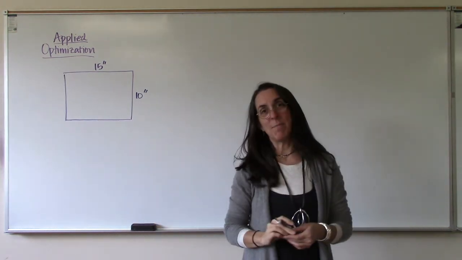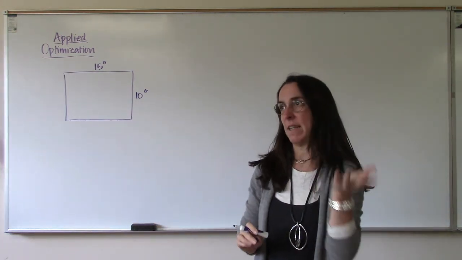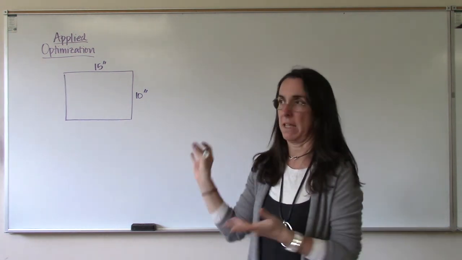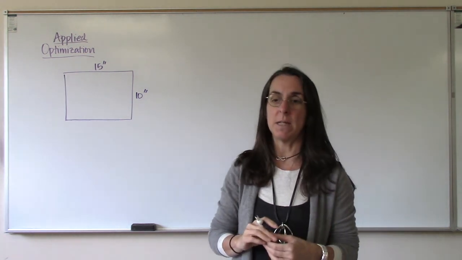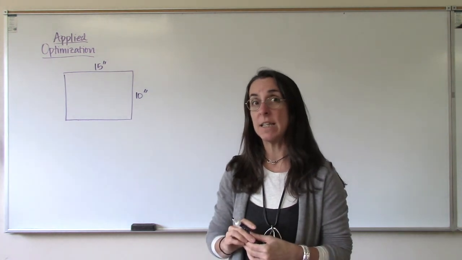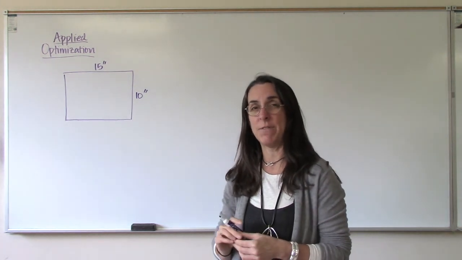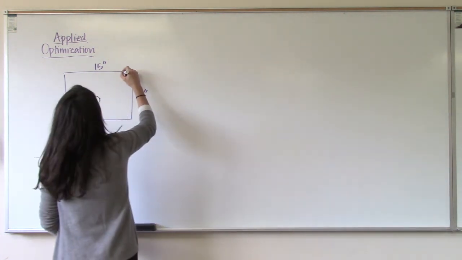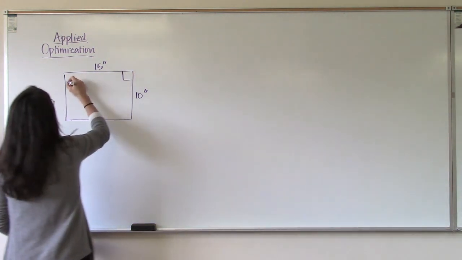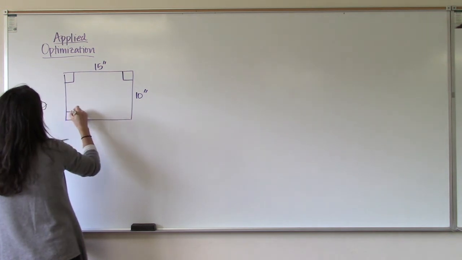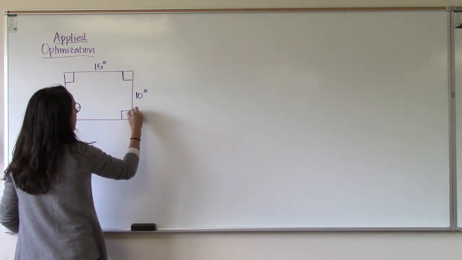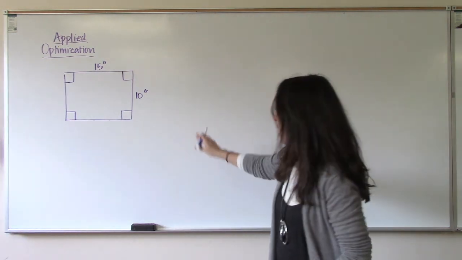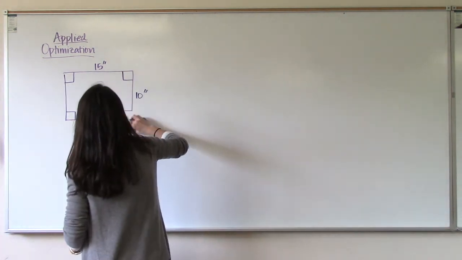Okay, let's suppose that we have a piece of, let's say, cardboard that's 10 inches by 15 inches, like this. And we want to cut squares out of the corners of the cardboard. Throw the corners away so we don't have them anymore.